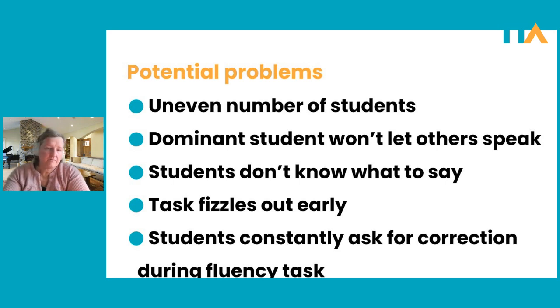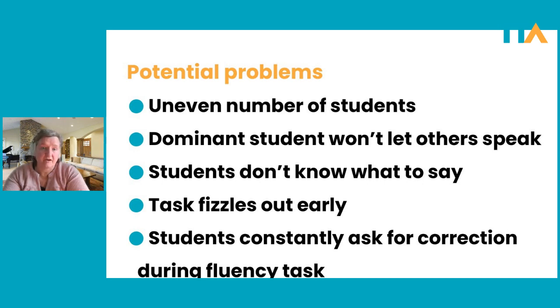Sometimes you have an uneven number of students, like 13, and then you can't really do pairs. You might have dominant students that want to do all the speaking, like Lisa Simpson, or they just don't know what to say. They just don't have enough background knowledge on the topic. That's also a possibility.